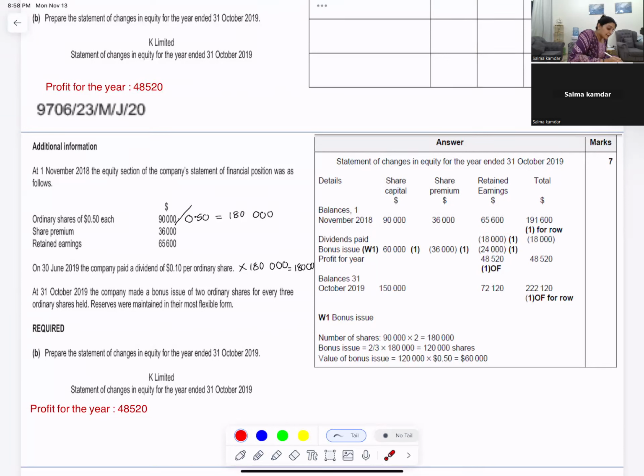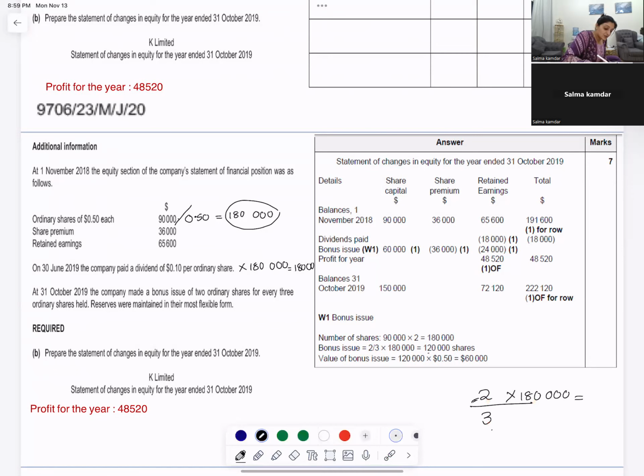Then the company has made a bonus issue of 2 ordinary shares for every 3 held. What is the number of shares that you're holding? You're holding 180,000 shares. So what would be the number of bonus shares? It would be 2 into 180,000 divided by 3.